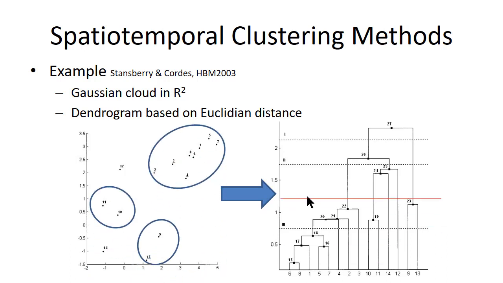So if I want it to be 1.2, I set a line here, and I can see that I get 5 clusters. Okay, I get this big cluster here, this one here, and then I get this small cluster here. I get these two points as individual clusters, and then this other one. So that's basically how you do hierarchical clustering, and there are more sophisticated techniques to establish this cut.